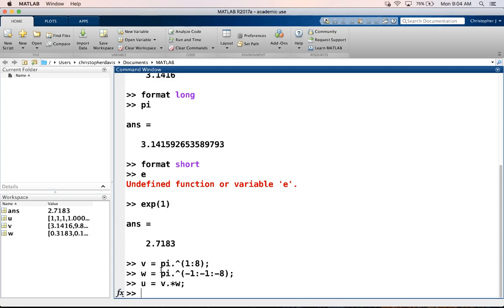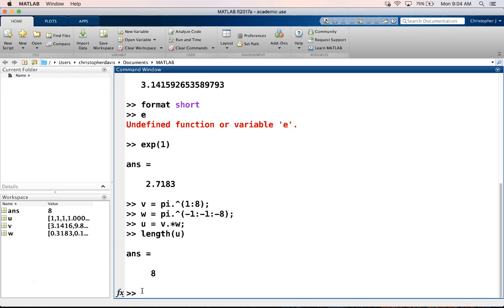And now remember how logical vectors work in Matlab. Okay, so what do I get if I type in u equals 1? Okay, what's it saying? It's going through each of the 8 entries of u. If I want to see how long u is, I can do length of u, length 8.